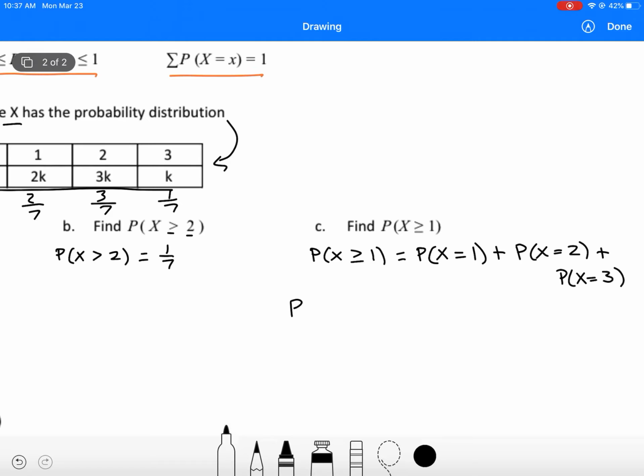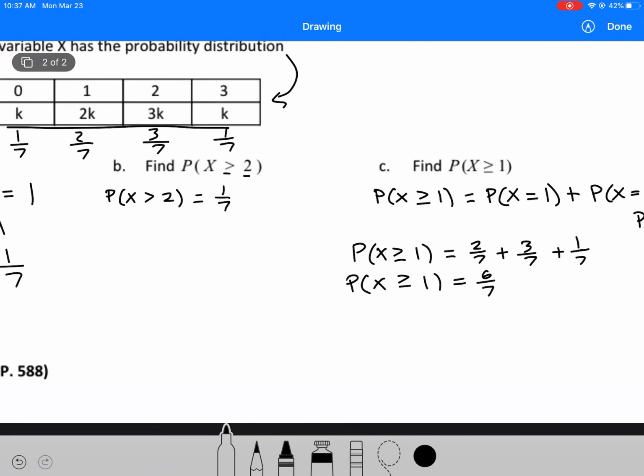I can add all those together: 2/7 plus 3/7 plus 1/7, which would give me 6/7.